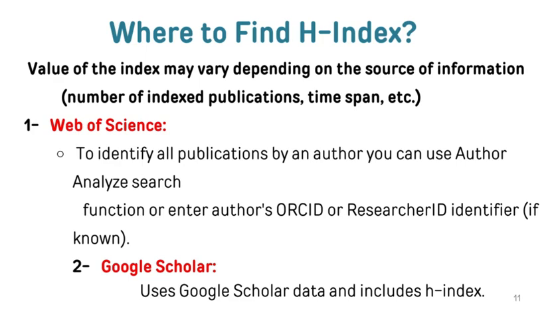Most researchers have an account in Google Scholar and can easily see the H-index of each author, whether you need the total H-index, or for each article, or for the total publications of the author, or for the last 5 years, for example, of that author.